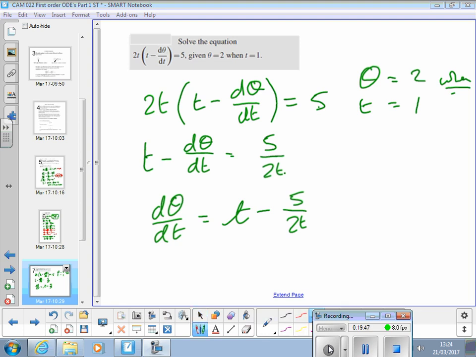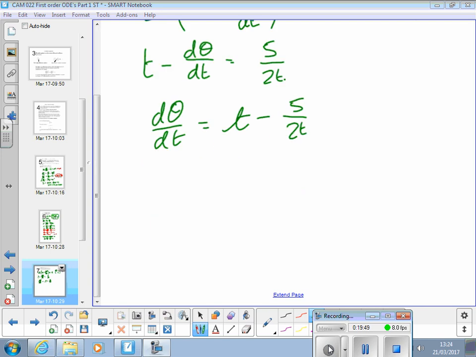Next thing is integrate both sides, so we end up with theta on this side is equal to the integral of t minus 5 over 2t dt.